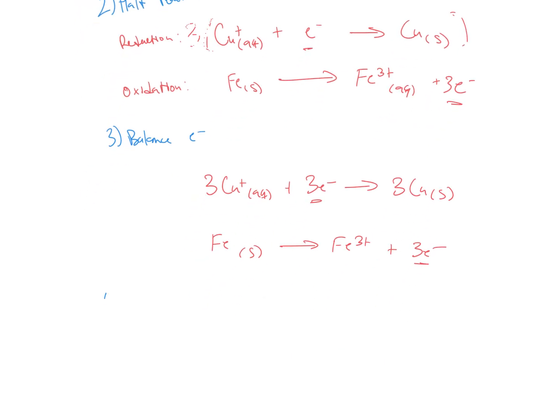Step 4, add your equations together. Now that we have our balanced half reactions and our electrons cancel out, we can add them back together.